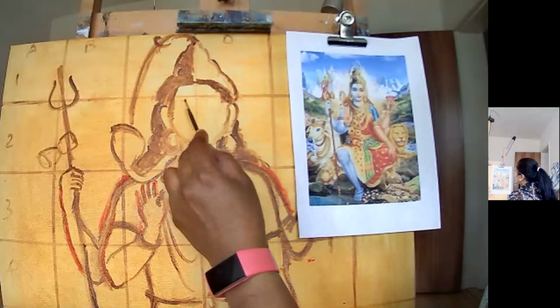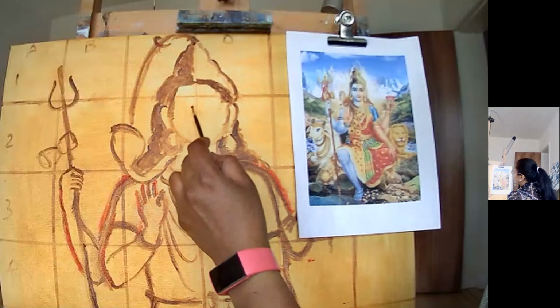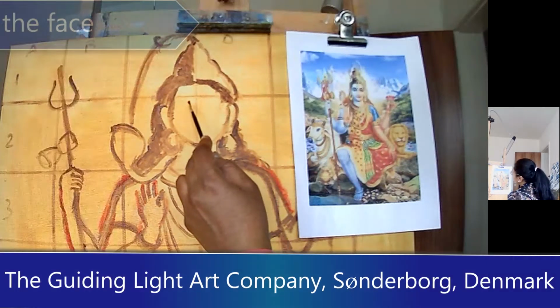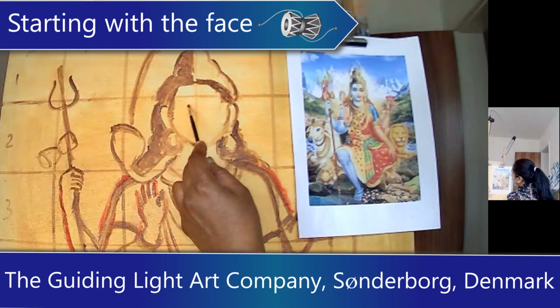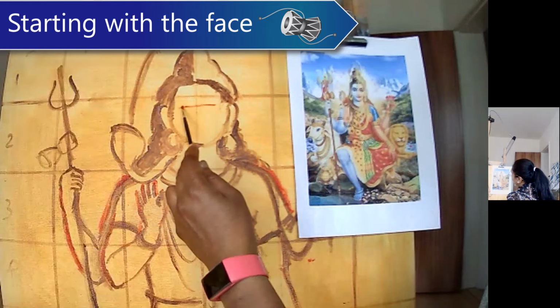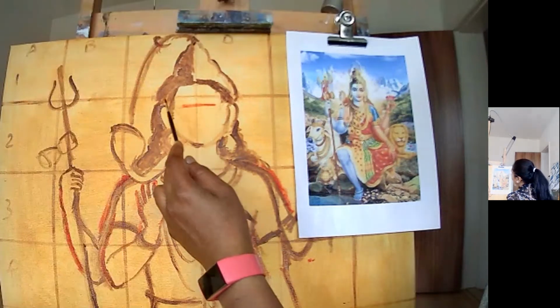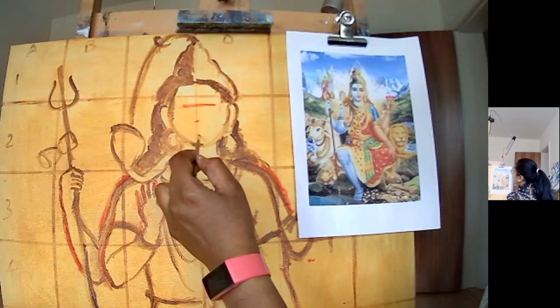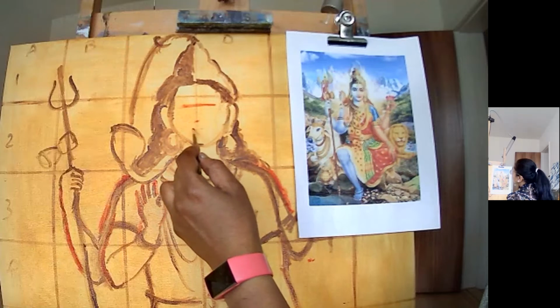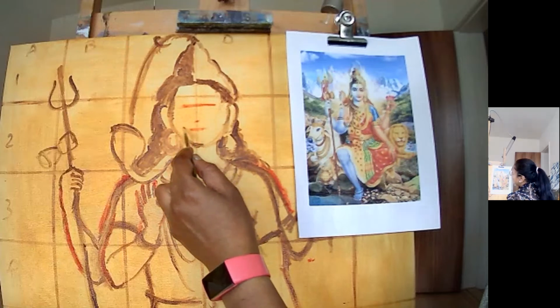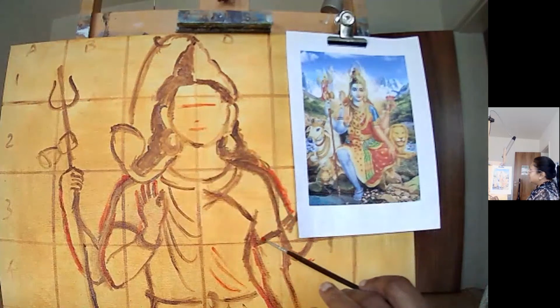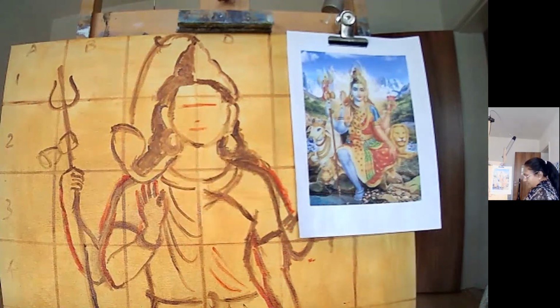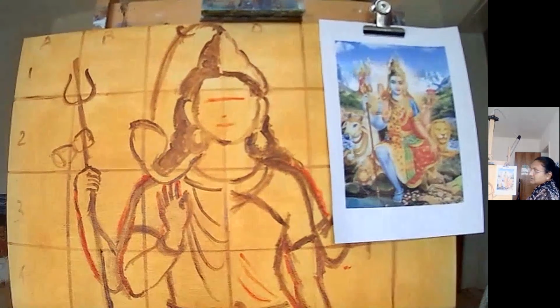Normally I like to put some lines through, and I see that there is this line for the eye, and there is the line for the nose, and then I place a line for the lips. I have done it ever so lightly so I could rub off. That's something that is needed.